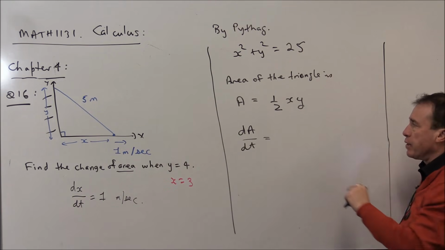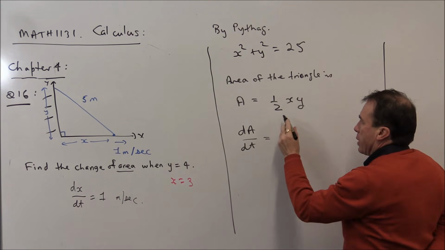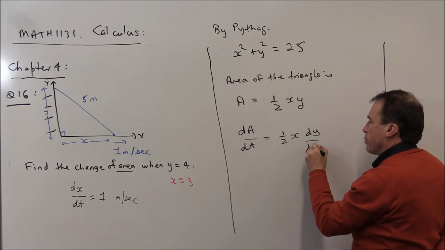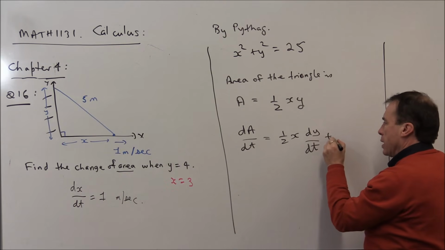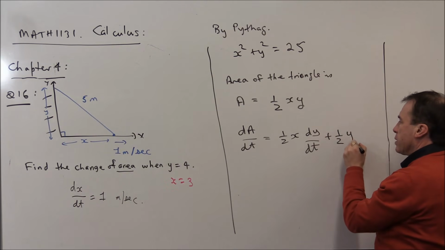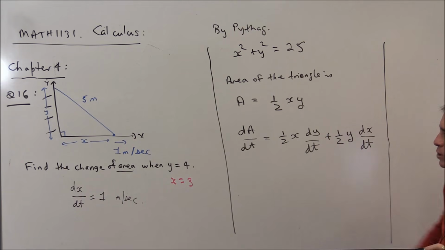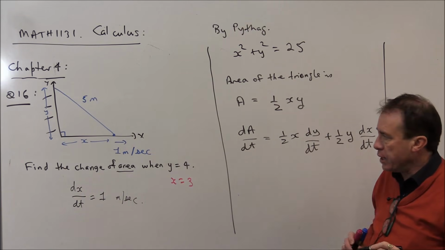So note that carefully, product rule here. I'm going to copy the first, differentiate the second with respect to t, plus copy the second, differentiate the first with respect to t. That's what I'm trying to get my hands on, dA/dt.